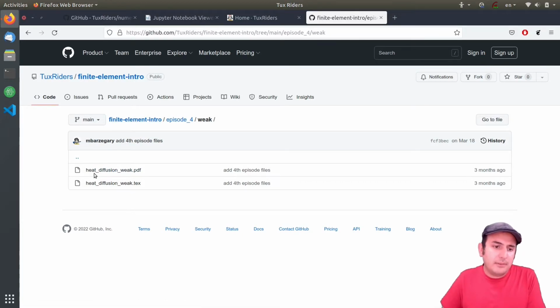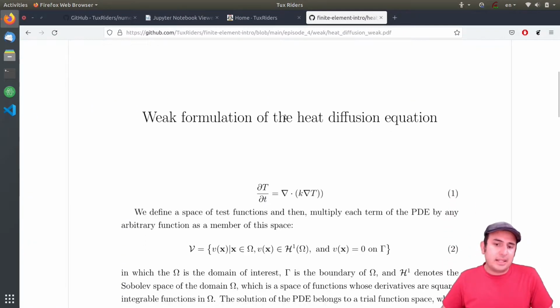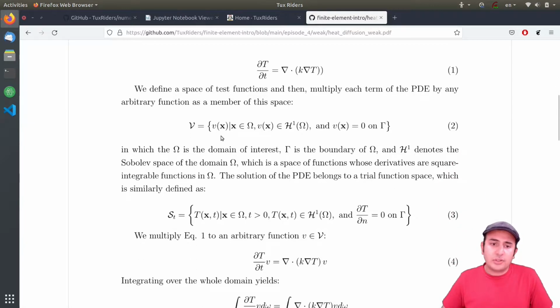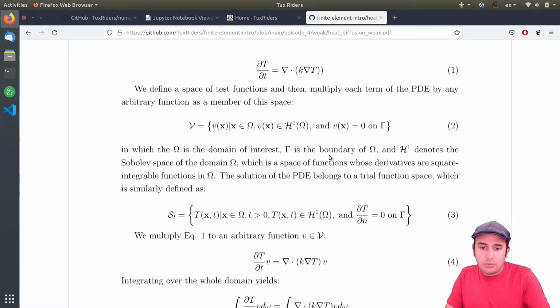But here is the PDF version that we had of the weak formulation, and now after discussing all these things, we are able to fully understand all the steps here. You can see that we define the test function and trial function spaces. These are two important characteristics: this is for the test function space, this is for the trial function, and then we need to discretize this using finite difference and discretize this using finite element. So this is what we do.